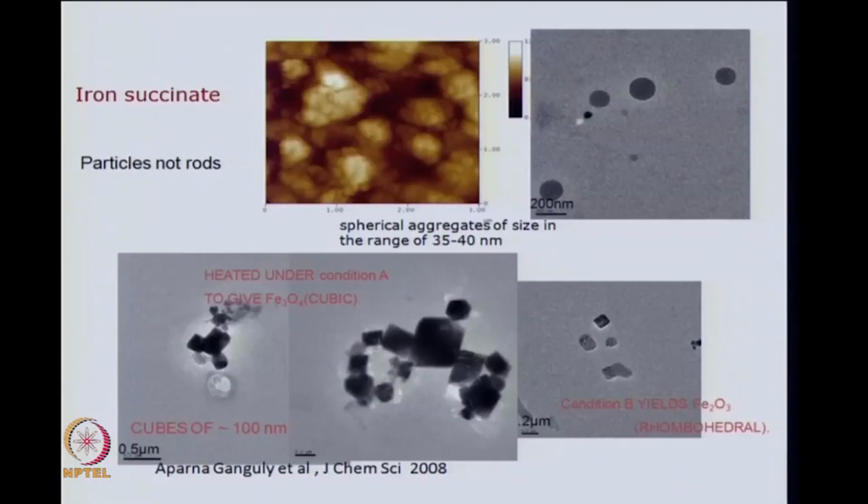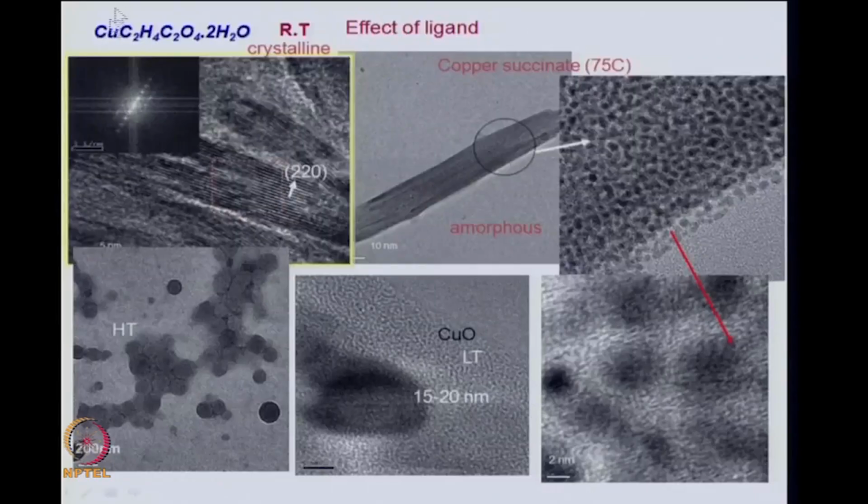So, this is iron succinate, where trivalent iron was used. So, trivalent iron was not giving any rods, whereas divalent copper gave us anisotropic rods with succinate ion also, and some we can transform at room temperature.